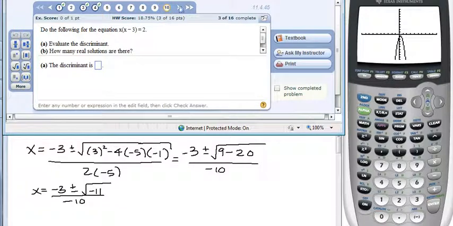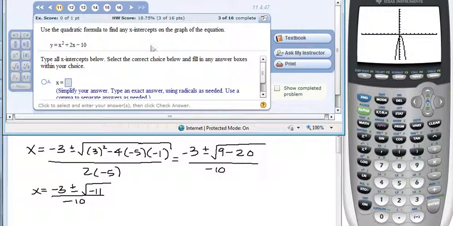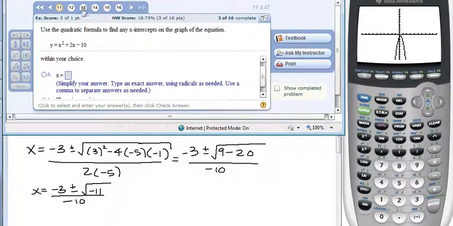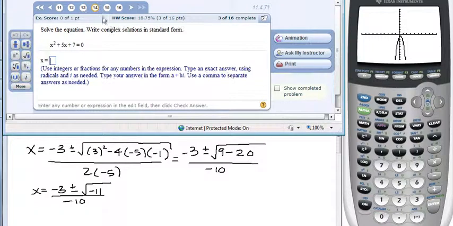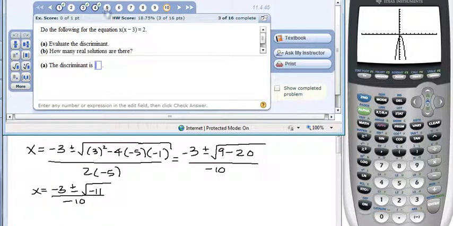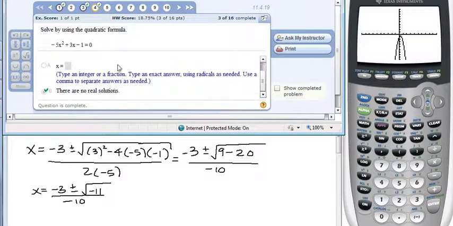Further along, we want the complex solutions written in standard form. So if it asks you not to do them yet, which is just saying there aren't any real ones, that's what you put.